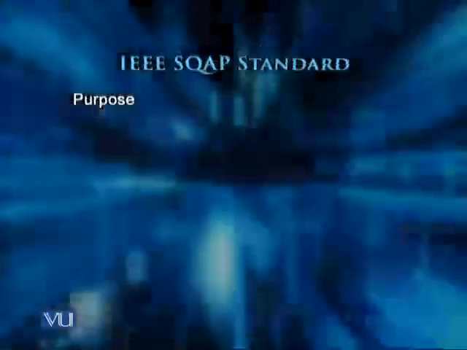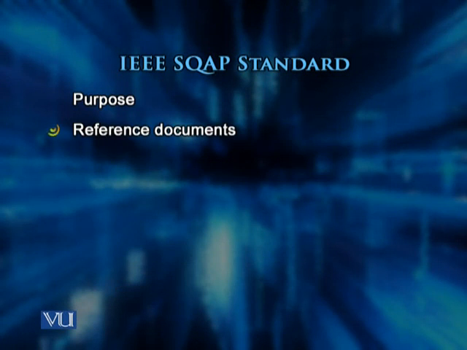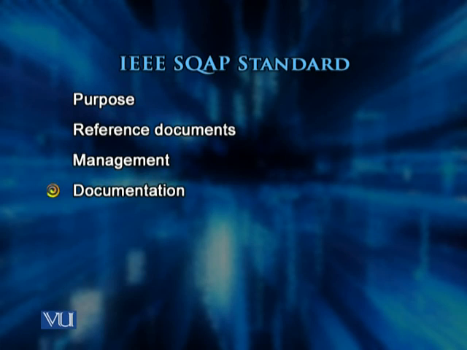The first is the purpose. Some can call it introduction also. The second section is reference documents, and again, you can have abbreviations and acronyms and glossary of terms along with this section. The third is management. The fourth is documentation, followed by standards, practices, and conventions.